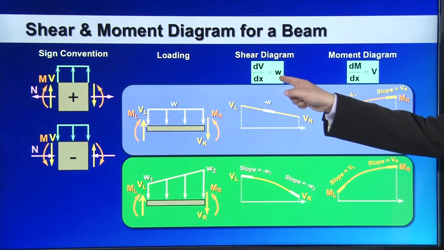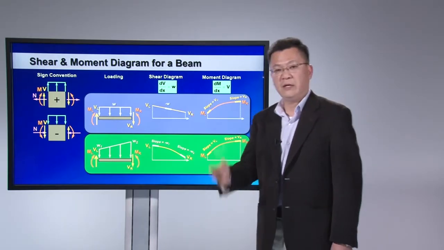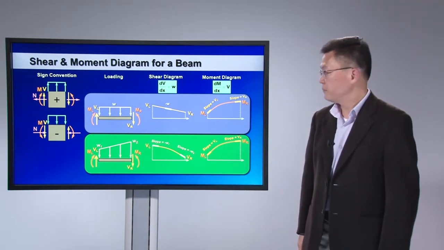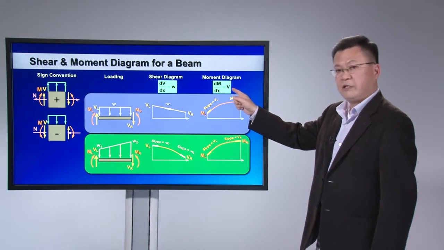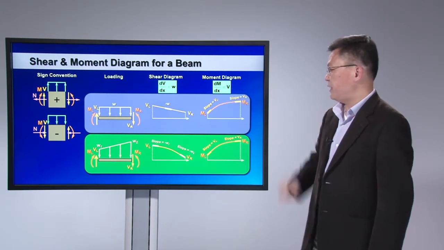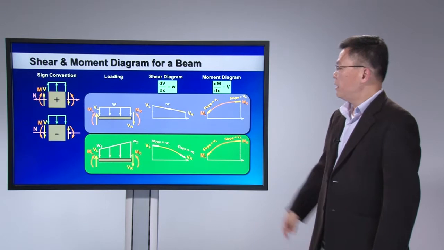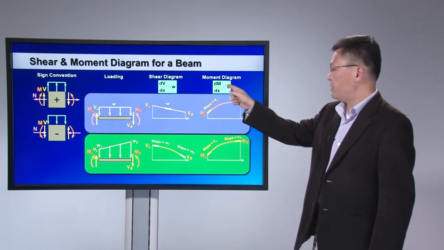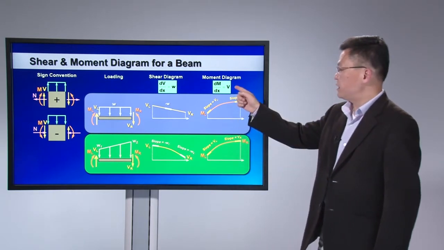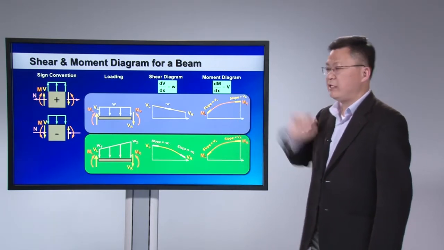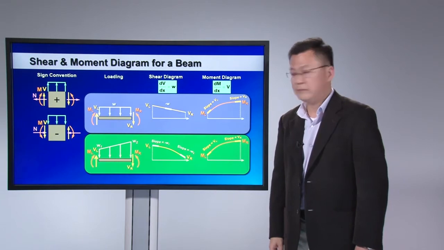If the distributed force is a linear function, then the shear force should be a second order function. Similarly, moment is related to shear force through dM over dx equal to the shear force. So it tells you that the moment is one order higher than the shear force. If the shear force is first order, then the bending moment will be second order.